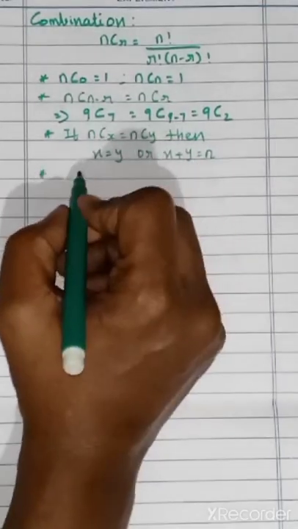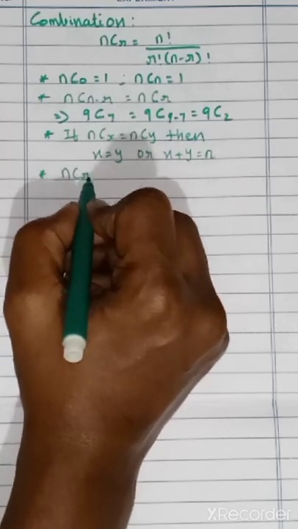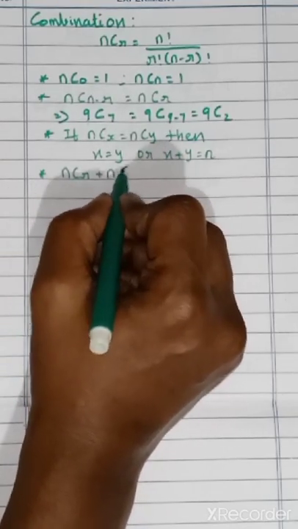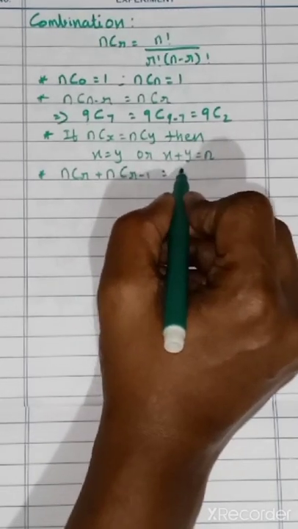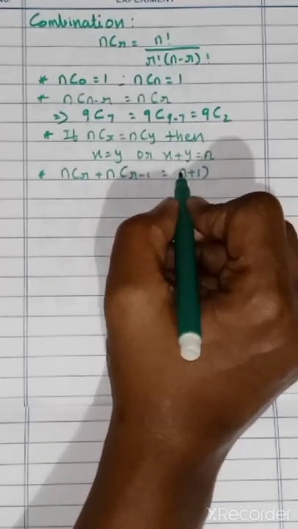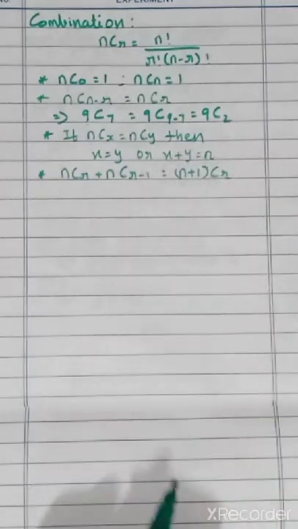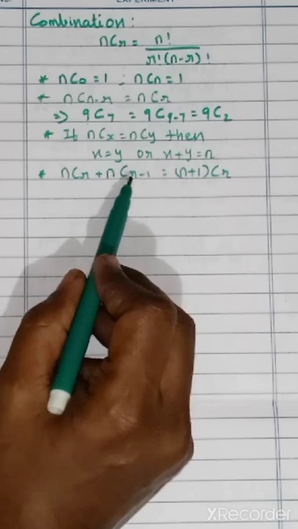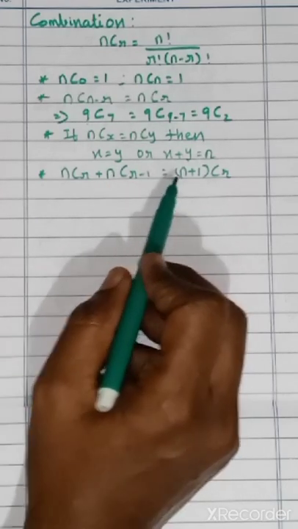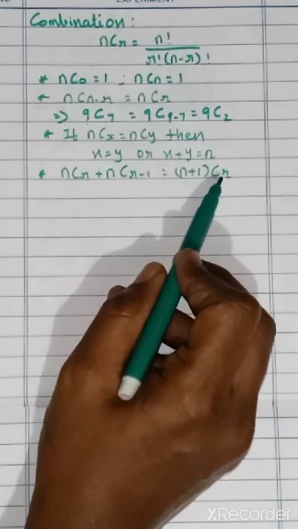And your next property: nCr plus nC(r minus 1) is equal to (n plus 1)Cr.